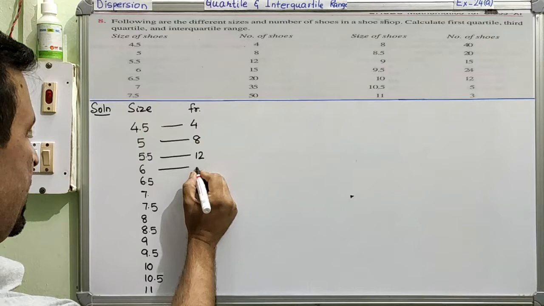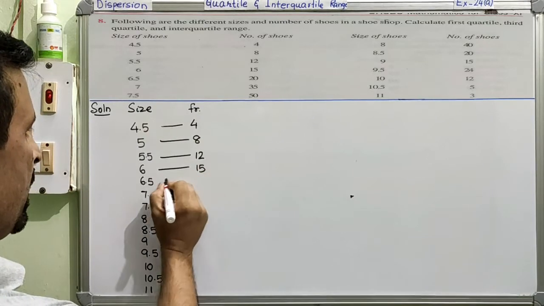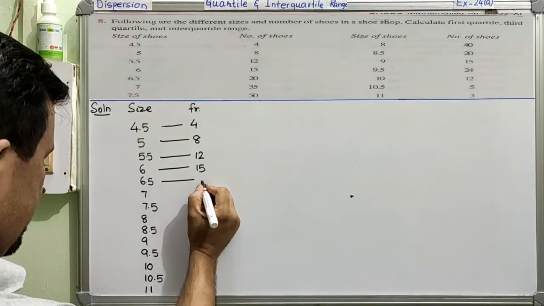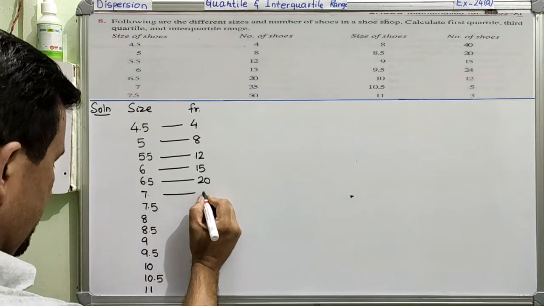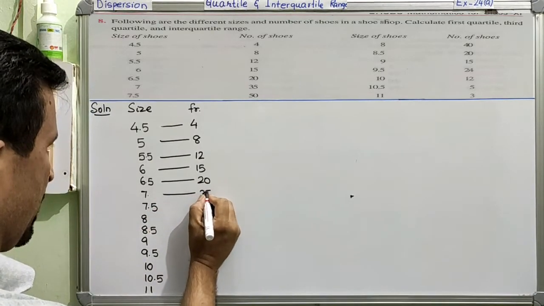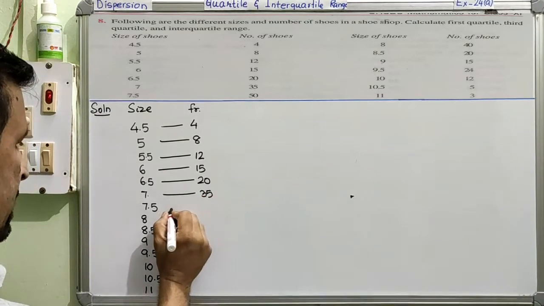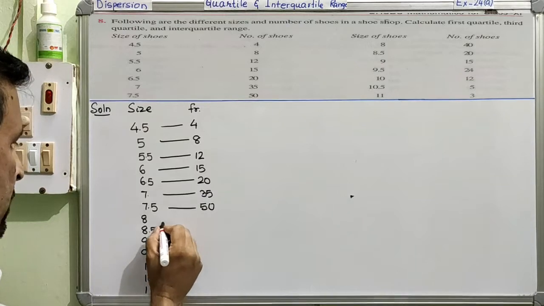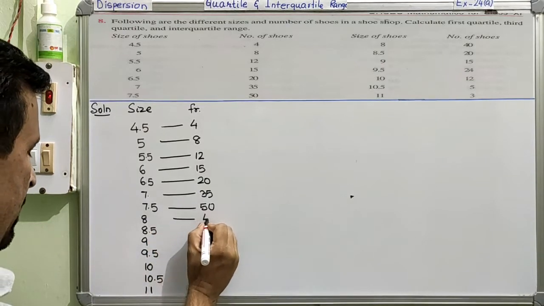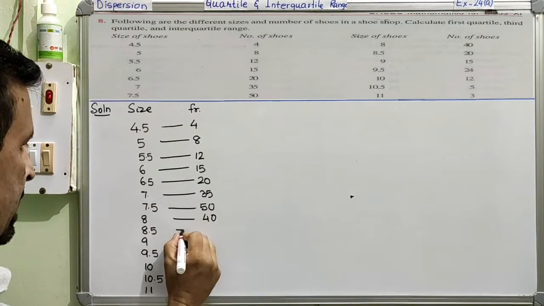Then is 15. Then next one is 20. Next is 35. Then next is 50. Then next is 40. Then next is 20.